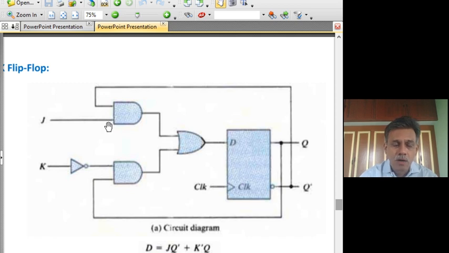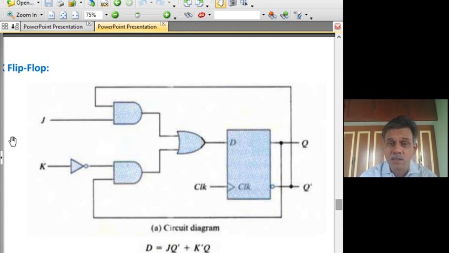Well, now you can easily guess, if you want to construct a T flip flop, you just tie both J and K input together and take a common output, call it T. We could construct an edge triggered T flip flop. Now we have seen how to construct a D flip flop using master slave configuration and make use of it to construct a JK flip flop or a T flip flop.